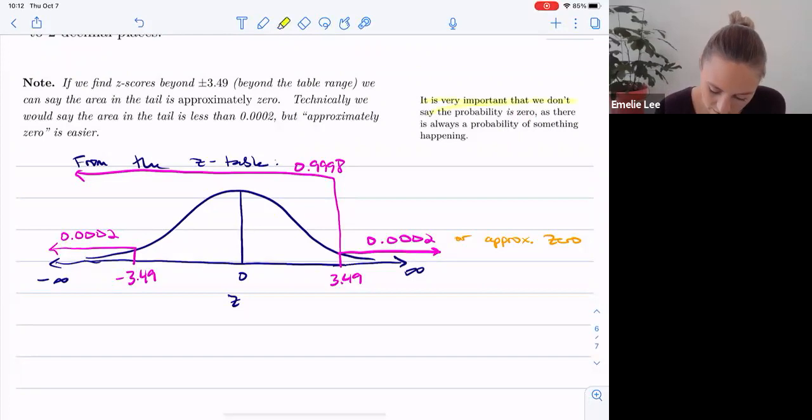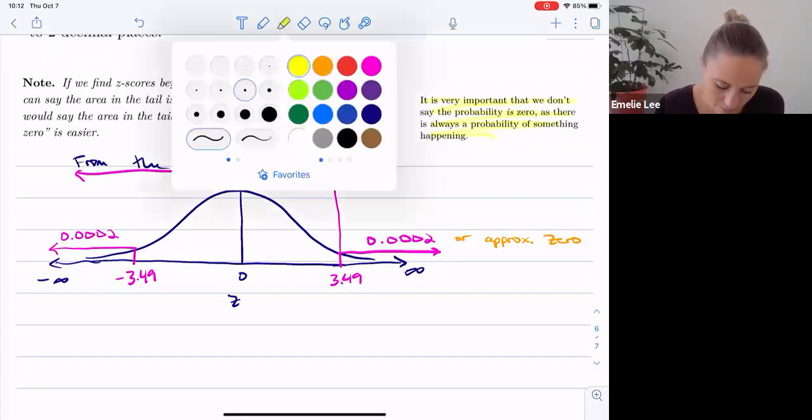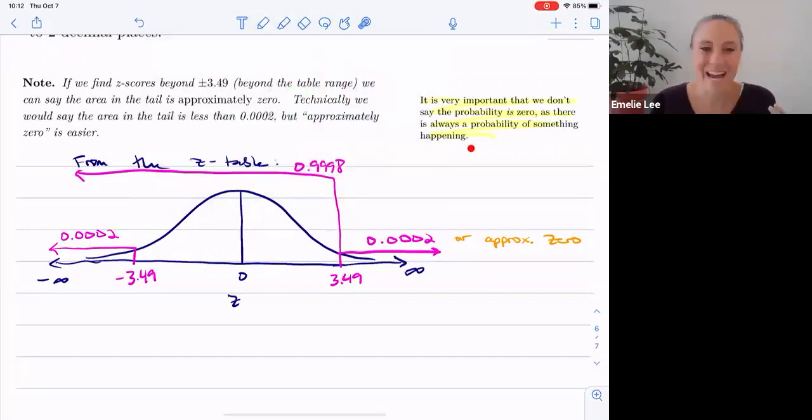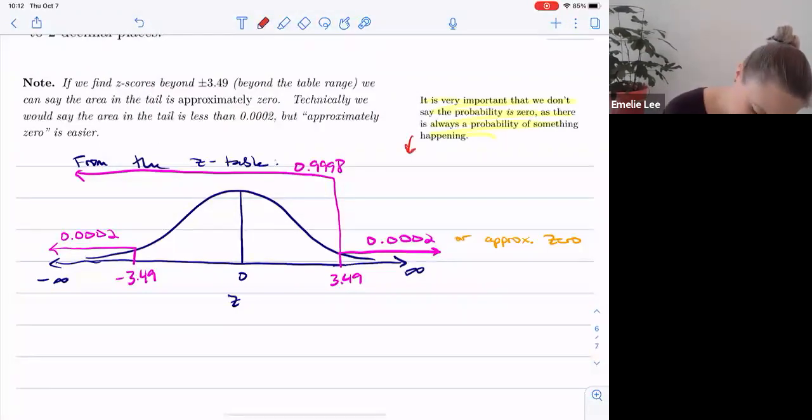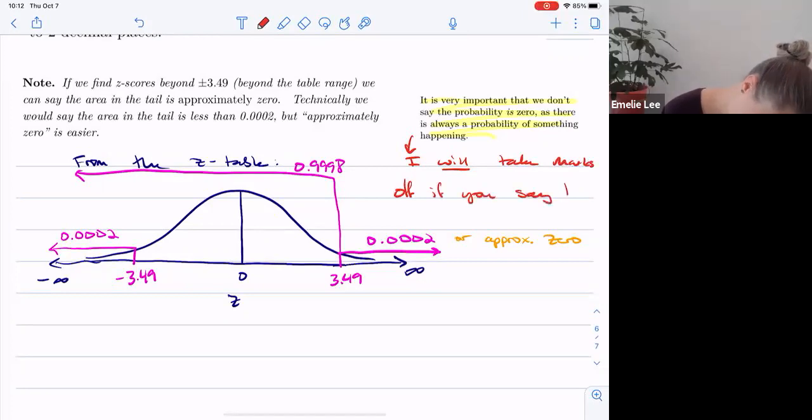And so I'm going to highlight that because I will take marks off if you tell me that a probability is 0. I'll even write that in red. Okay. I will take marks off if you say the probability is 0.